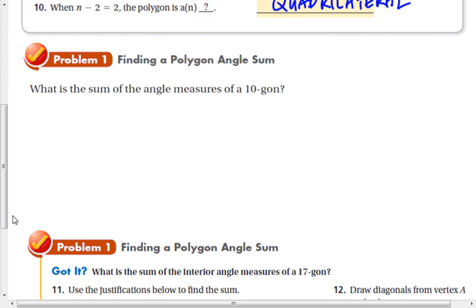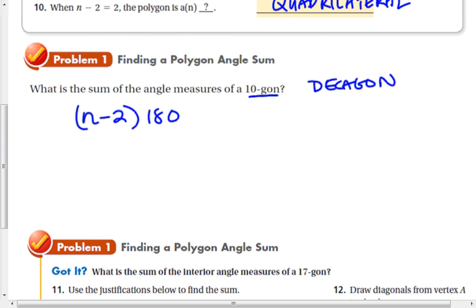Okay, so finding a polygon angle sum: what is the sum of the angle measures of a 10-gon, or a decagon? The first thing we're going to do is just write down the formula, and that is the quantity n minus 2 times 180, n being the number of sides. So that's our interior angle formula for polygons.